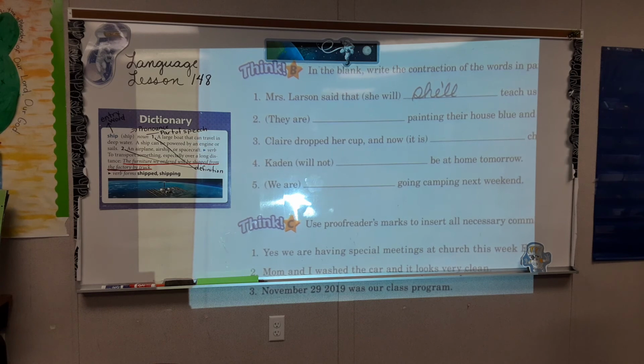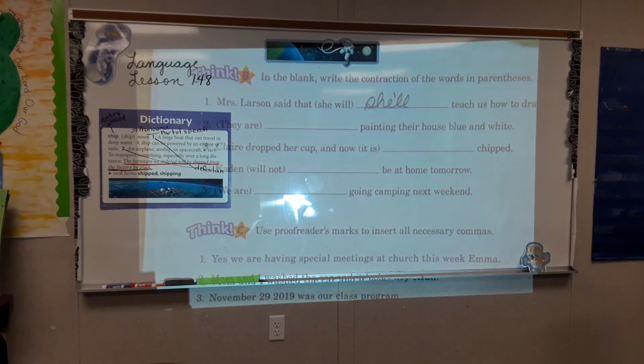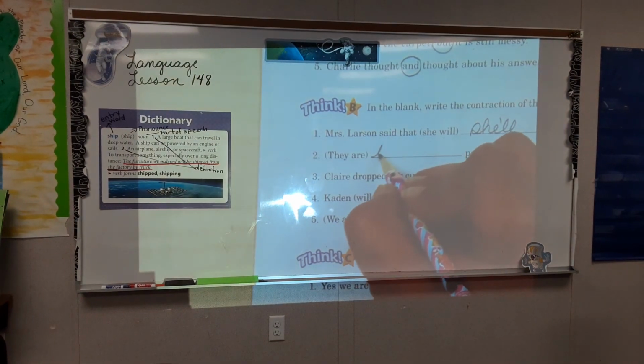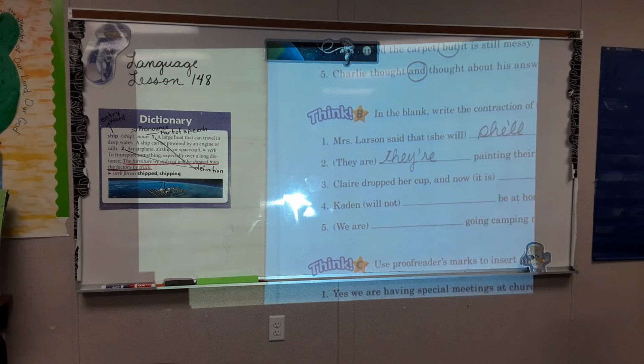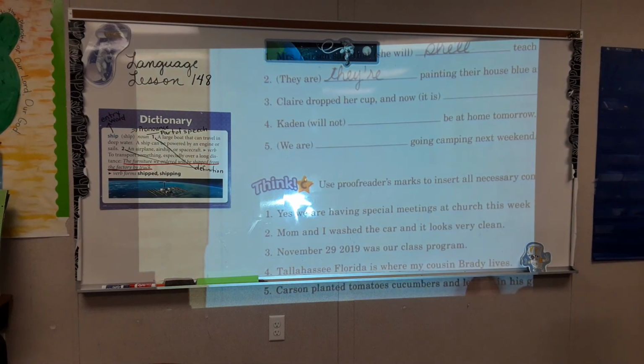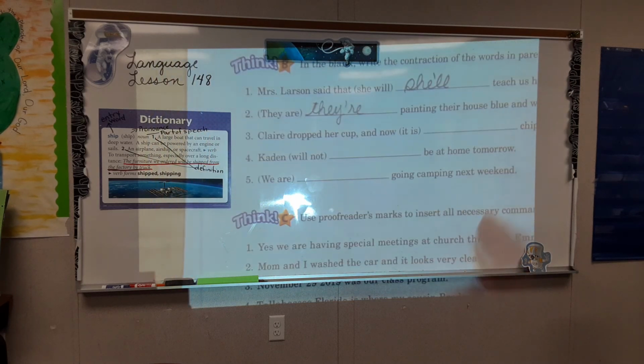They are painting their house blue and white. Claire dropped her cup and now it is chipped.